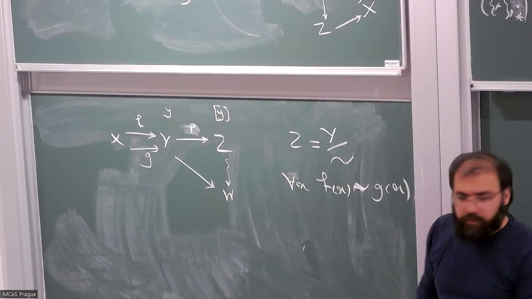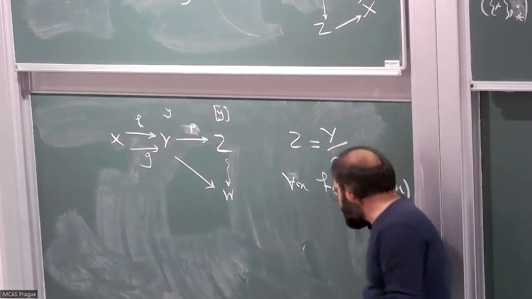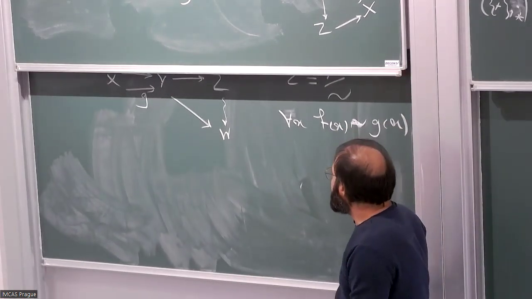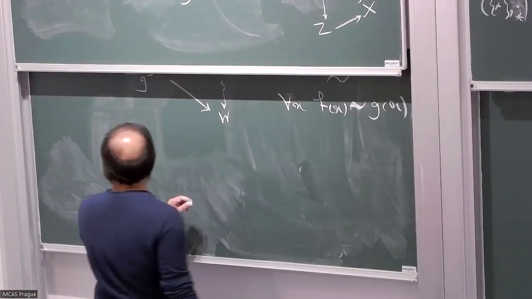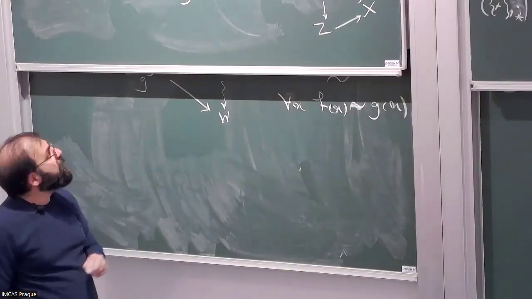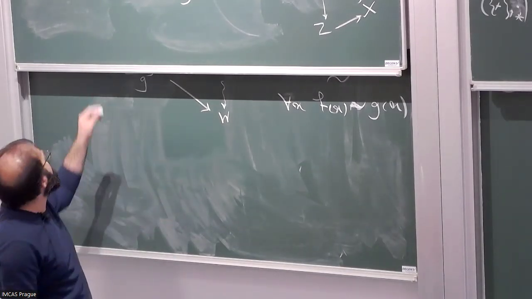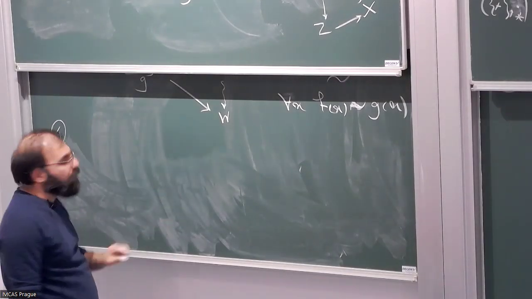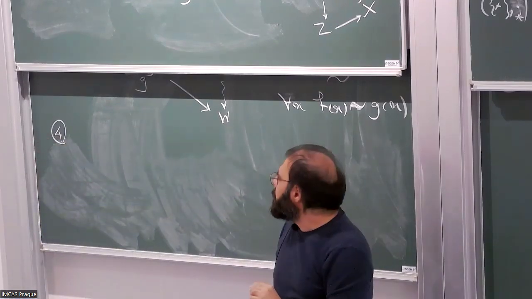So, okay, you have your quotient, and now I need the last universal thing. So what is it? That was 2, it's 3, it's 4. Right? The last construction that I need for now is the following.